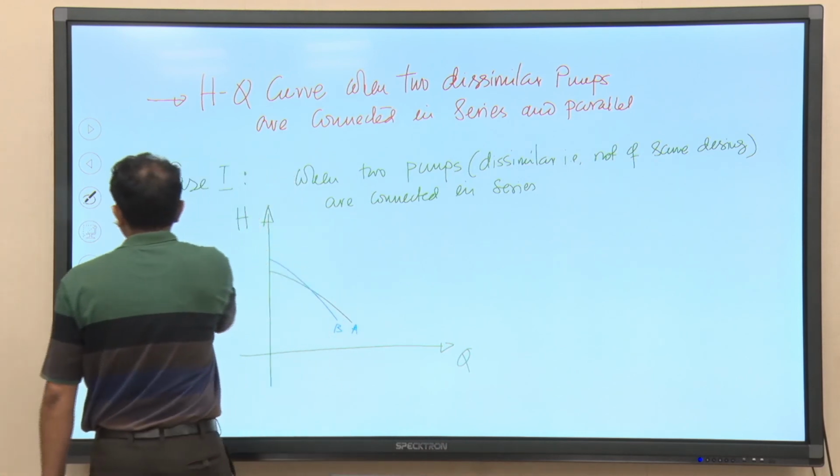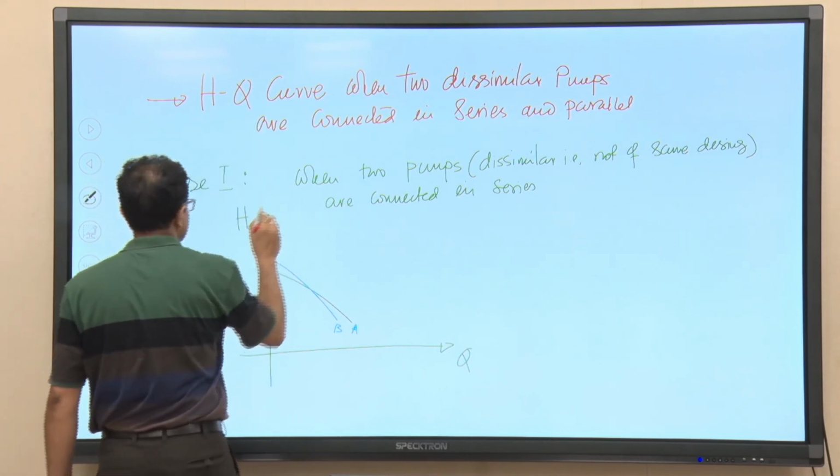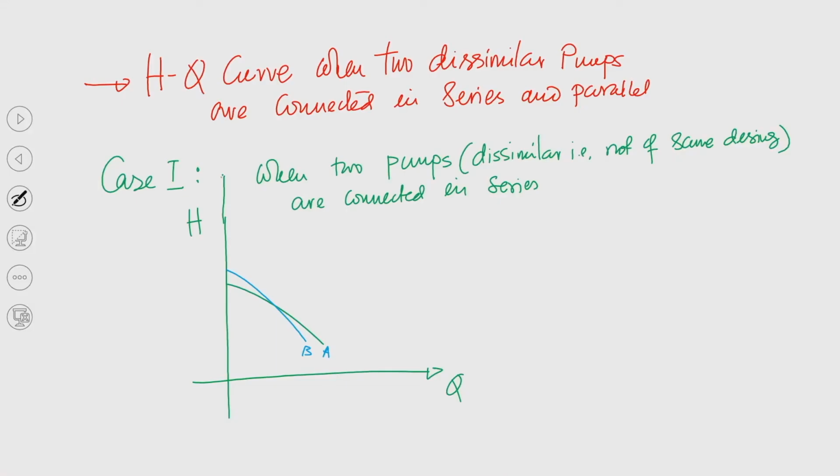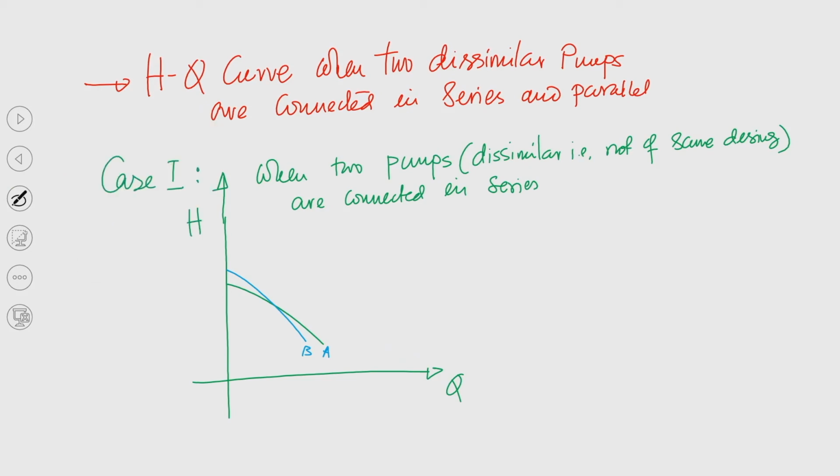So, if we try to draw now, this is the H-Q curve. If we join together, using red color, this is the line. Say this is Q n, this is Q3, this is Q2, this is Q1.